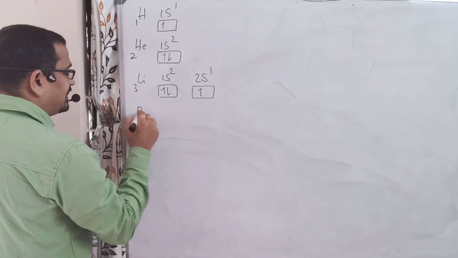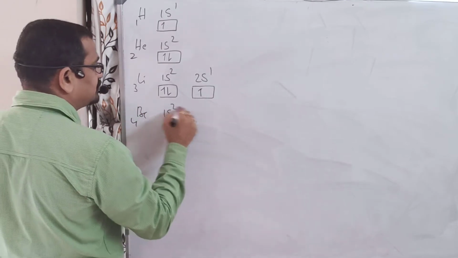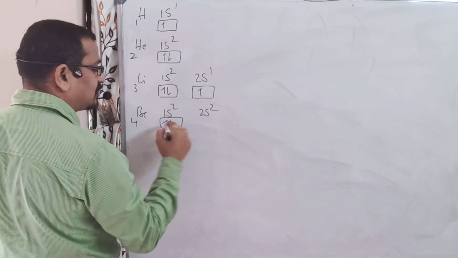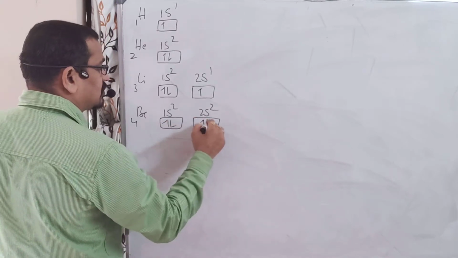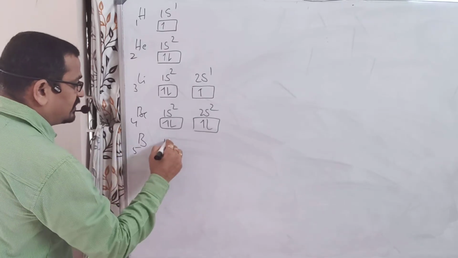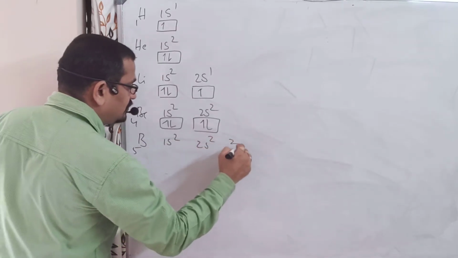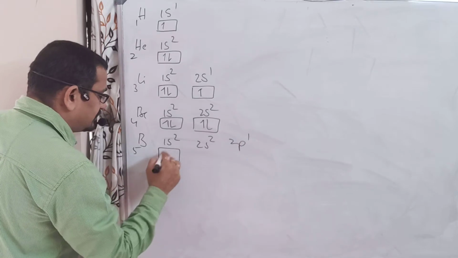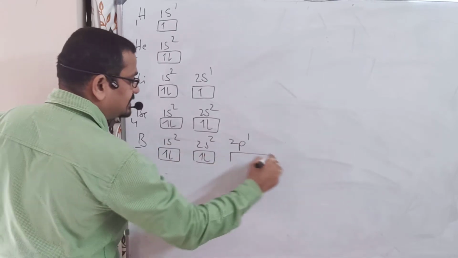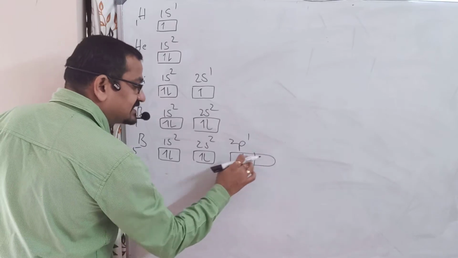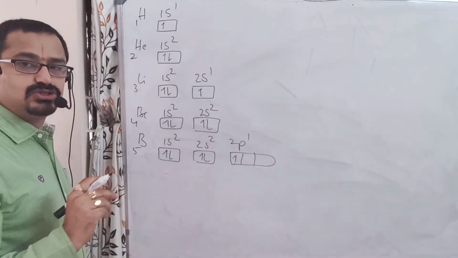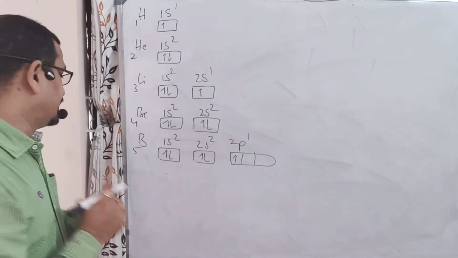When it comes to beryllium, 1s2, 2s2, the same way: first clockwise, anti-clockwise pairing, next clockwise, anti-clockwise pairing. Boron, 1s2, 2s2, 2p1: clockwise, anti-clockwise paired, next electron clockwise. P has px, py, pz, no. Now it is entering px. Suppose the 2p electron has entered 2px.